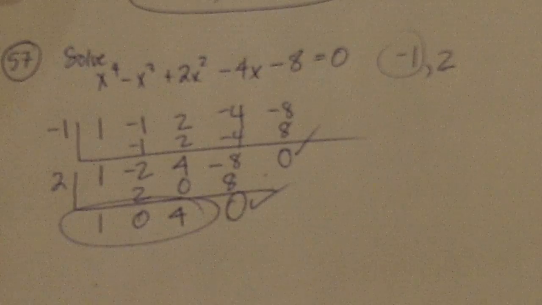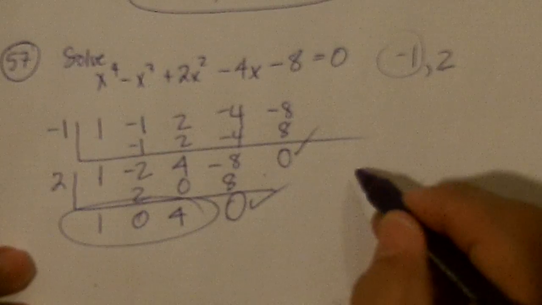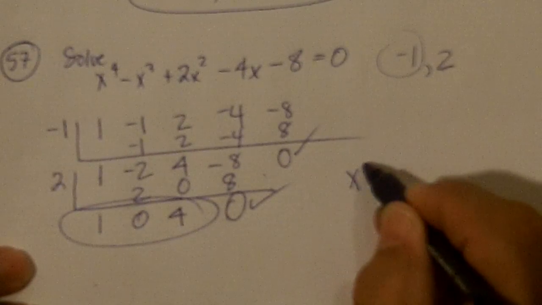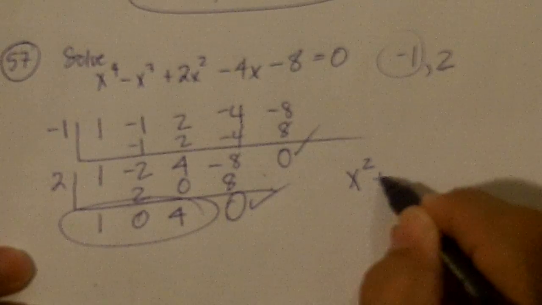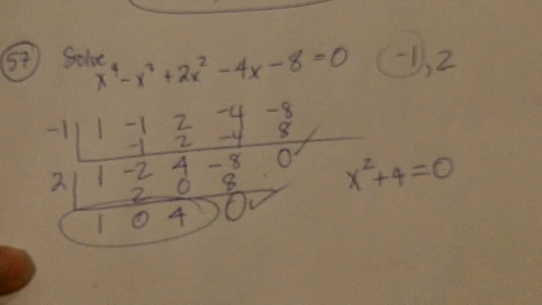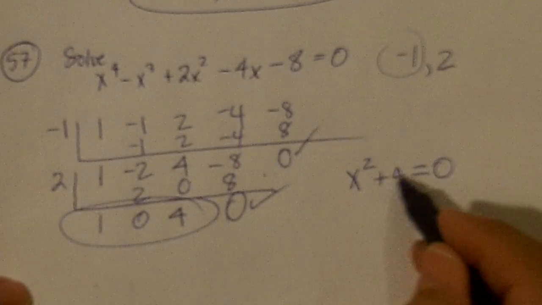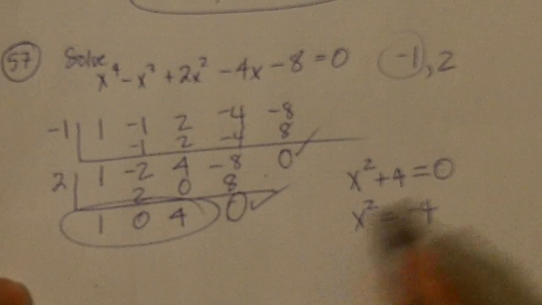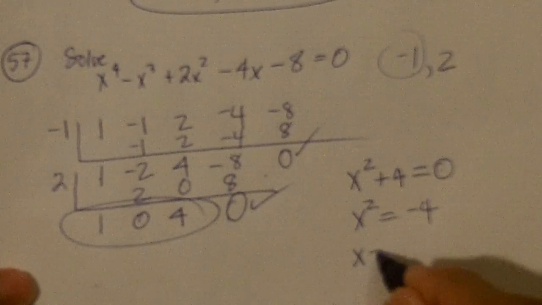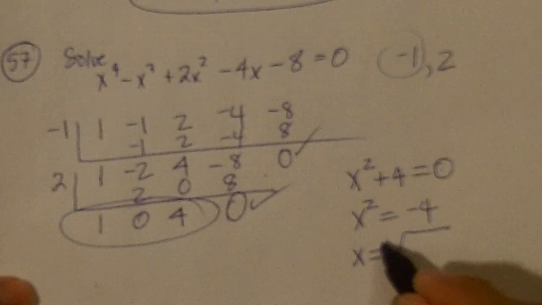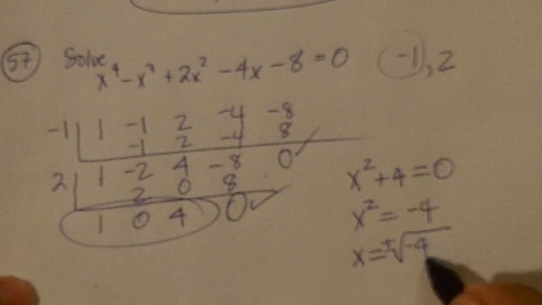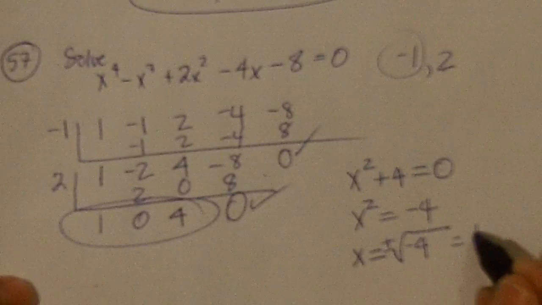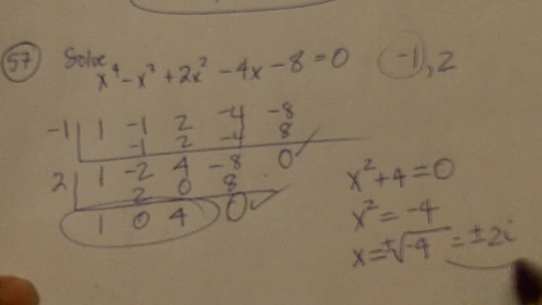And now we're down to a quadratic. We got x squared plus 4 equals 0. Which, if I subtract 4 from both sides, I'm going to have x squared equals negative 4. Take the square root, and I get x equals plus or minus the square root of negative 4, which is plus or minus 2i.